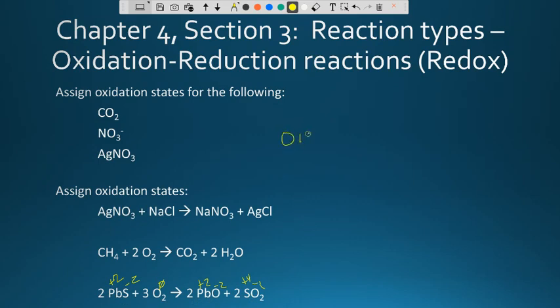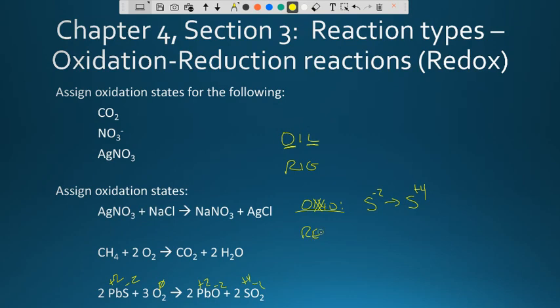So again, with oil rig, I see that oxidation means to lose electrons. It becomes more positive. Who became positive? My sulfur became positive. Okay, so my oxidation, sorry about that, my oxidation was my sulfur went from a -2 into a +4.